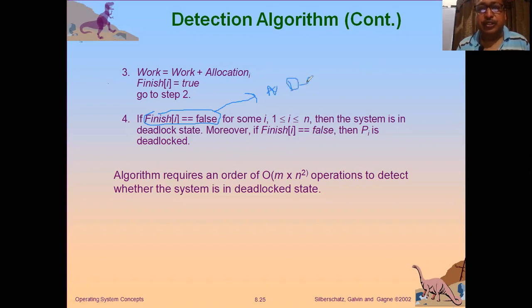Or Finish[i] is equal to true for all the processes, in which case the system is not in a deadlock state. That means we are able to satisfy all requests: no deadlock.